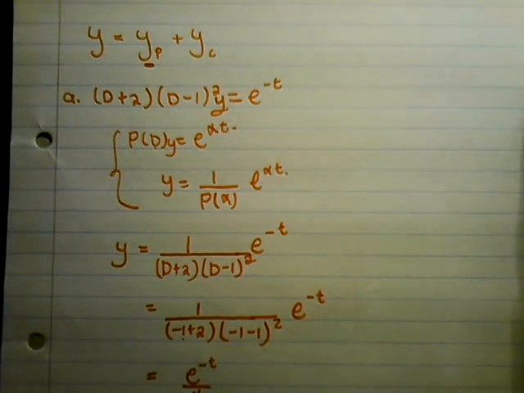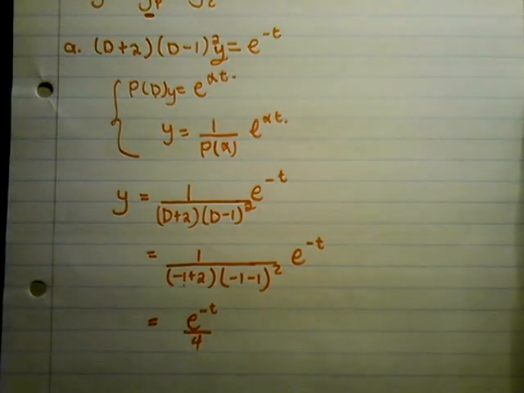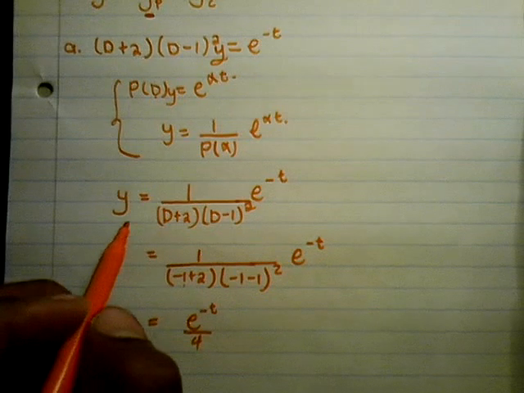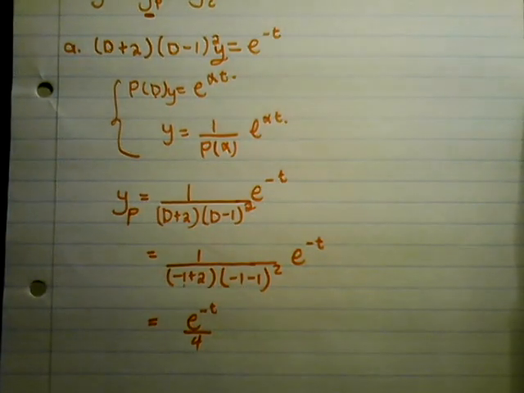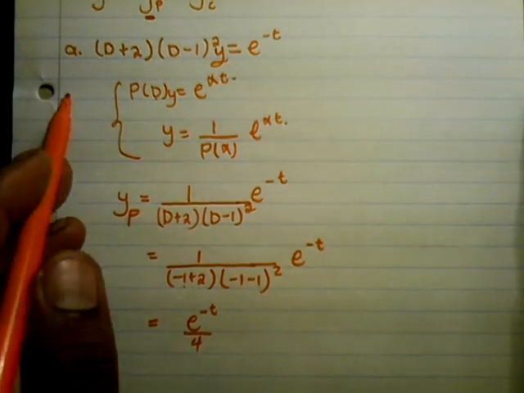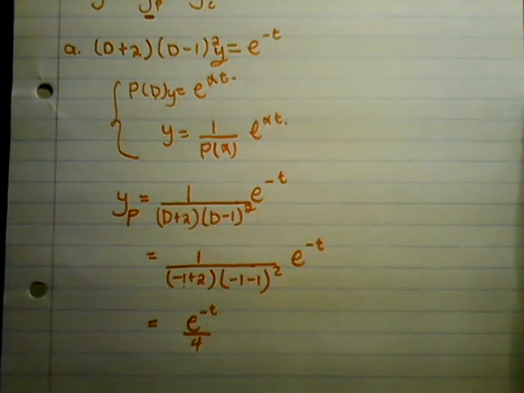This is not the complete solution; this is the particular solution of the function. You have to add this to the complementary solution of the corresponding question in tutorial 13 to get the complete solution of the question.